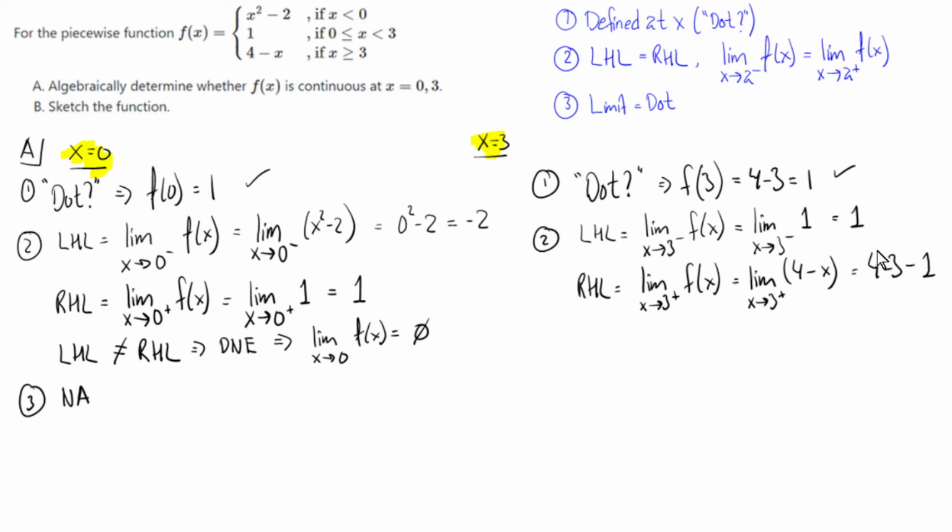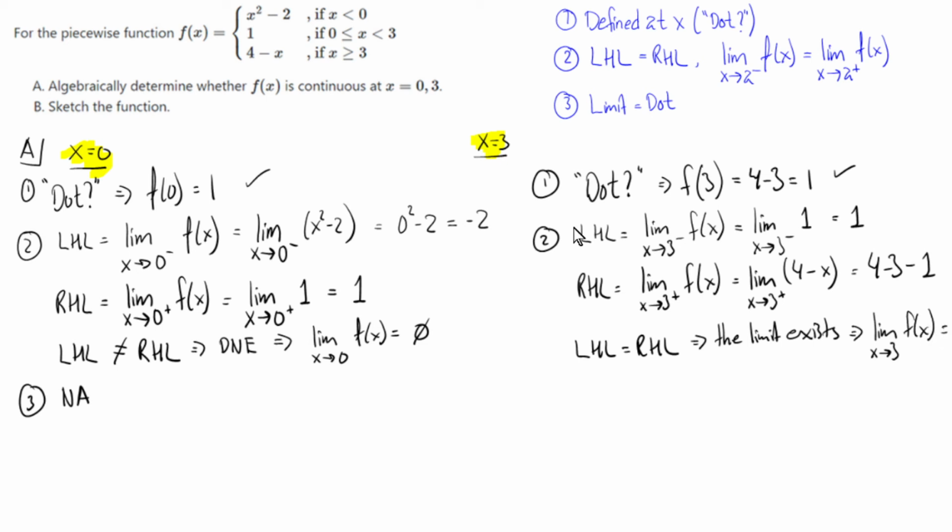So now we can see that the left-hand limit equals the right-hand limit, which means that the limit exists. Okay, and specifically the limit as x goes to 3 of f of x equals 1.